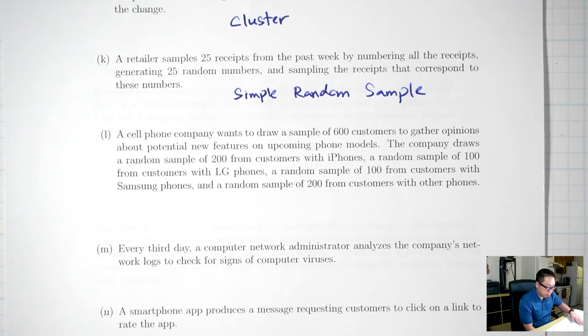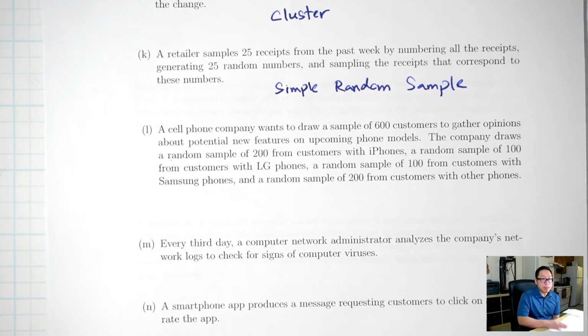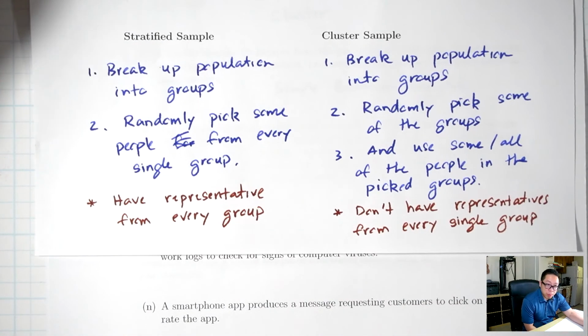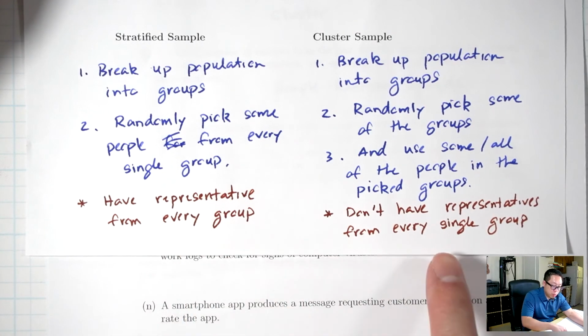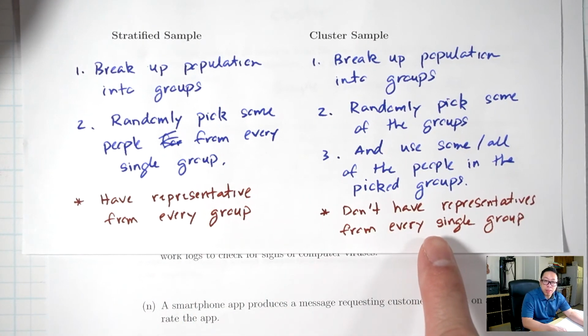Okay, we're picking people. Are these people grouped somehow? Yes, they are. They're grouped by the type of phones that they have. And now the question is, do we have representatives from every single group, or do we not have representatives from every single group?